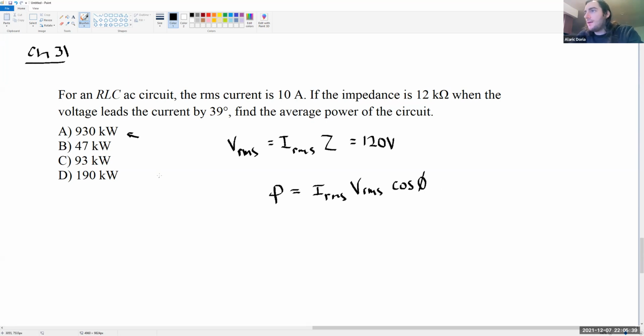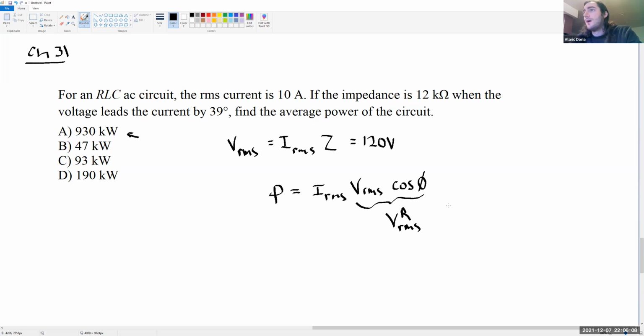And if you remember, this right here is actually the voltage on the resistor, RMS. So it's only the resistor that dissipates power, right? The average power output of the capacitor and the inductor are both 0 because on one half of the period they're supplying, and on the other half they're absorbing power.